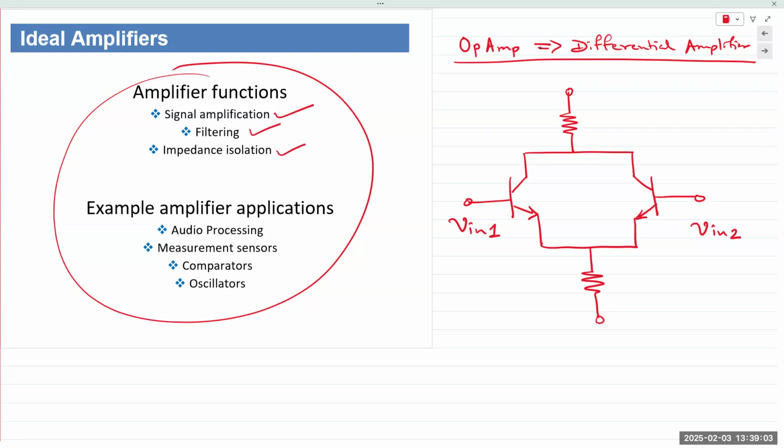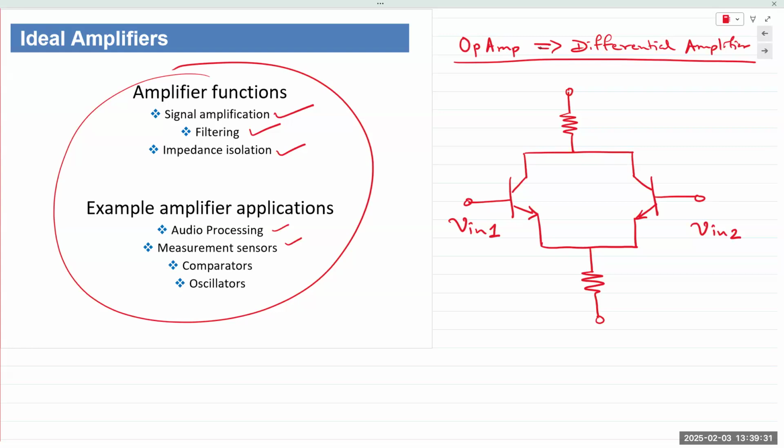Can use it for impedance isolation. We'll talk about that separately. And then one of the most common examples would be in audio processing. We can use it for sensors, for comparing different voltage levels or different signal levels. And so we can use it as a comparator. In your lab kits, you should have both an op amp as well as a comparator. Yeah, so there are two 8-pin ICs or 8-pin chips in there.